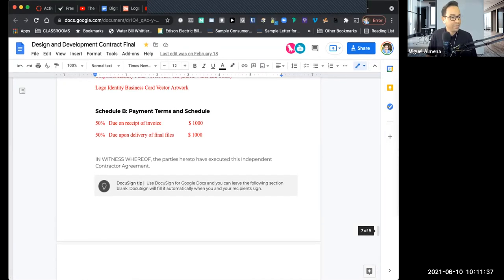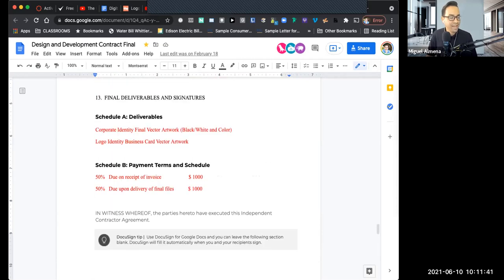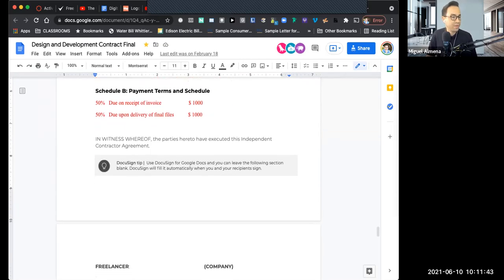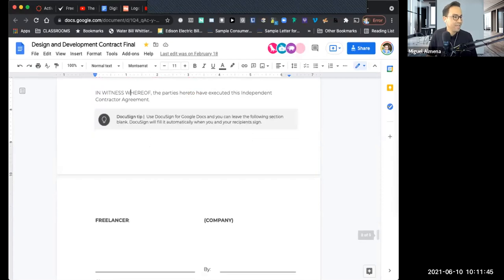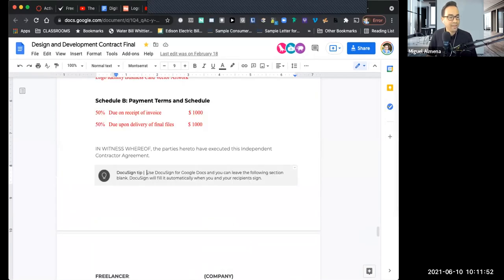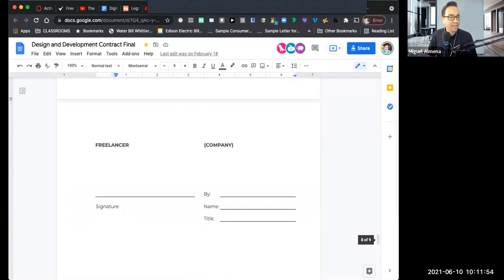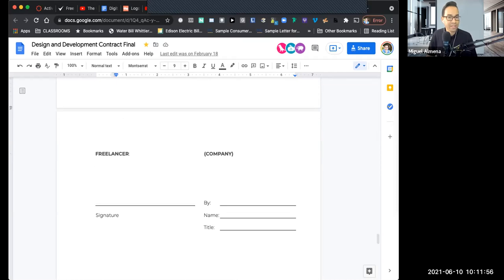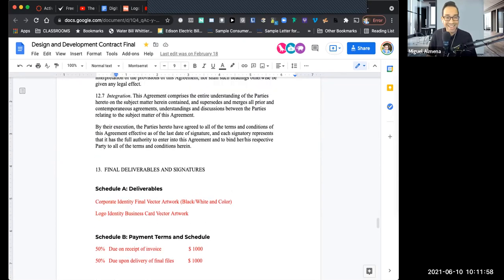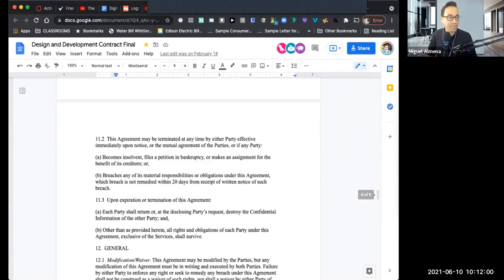I have them print it out, scan it, take a picture of it on their phone, and send it back to me. You could even attach a DocuSign or a tool to have them sign on it. But at the end of the day, I make sure that they sign it and that it has the information of the company there and the name of the person as well for the contract.